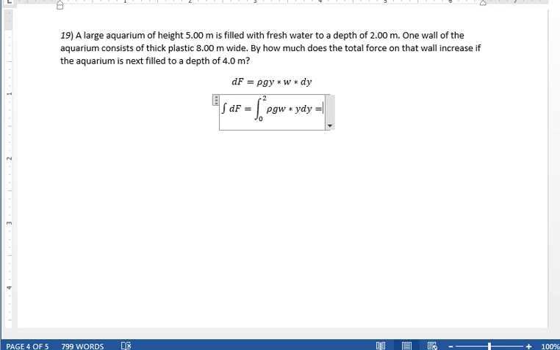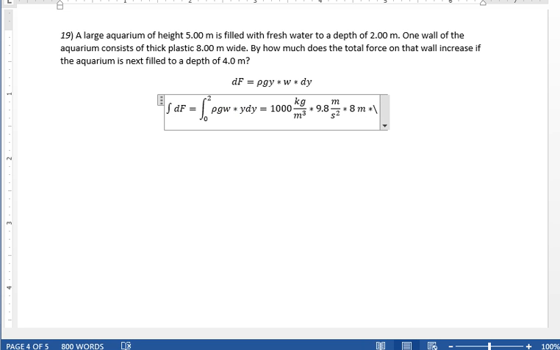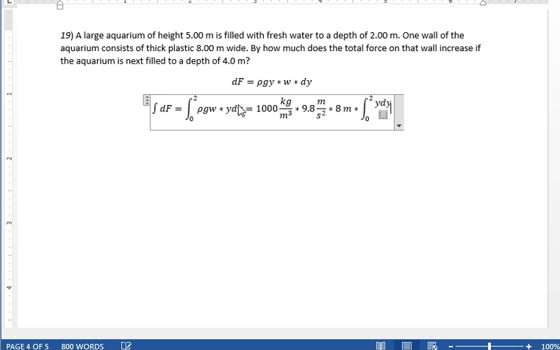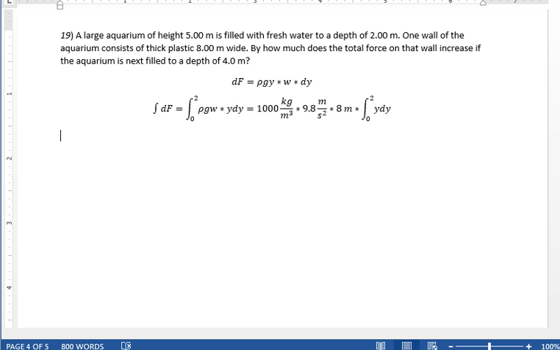Rho is 1,000 kilograms per cubic meter, times 9.8 meters per second squared, times 8 meters, which is the width, times the integral from 0 to 2 meters of y dy.